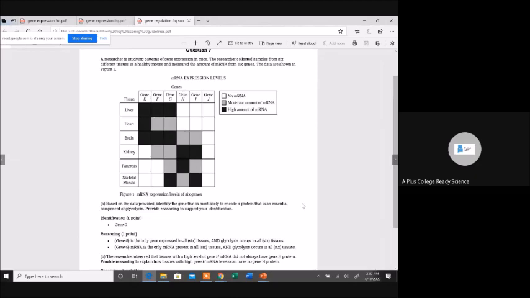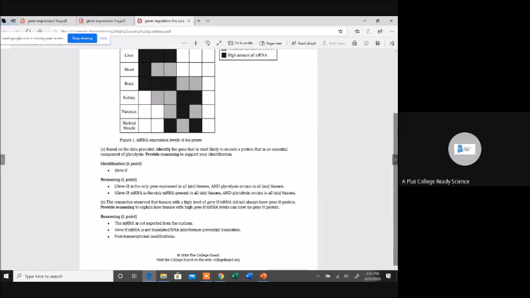So for part A, identify was gene G. And the reasoning was gene G is the only gene expressed in all 6 tissues, and glycolysis occurs in all 6 tissues. You had to say both of those. Or you could have said gene G mRNA is the only mRNA present in all 6 tissues, and glycolysis has to occur in all 6 tissues.